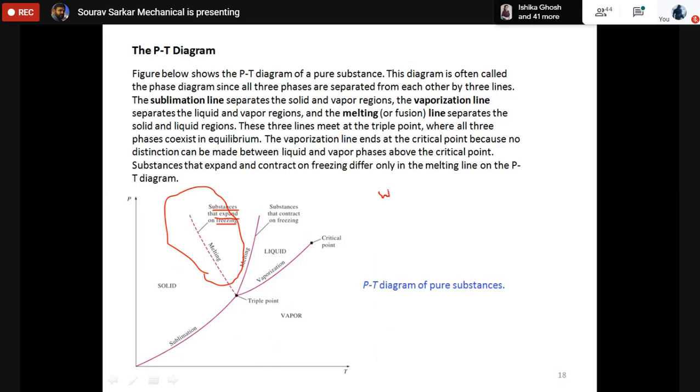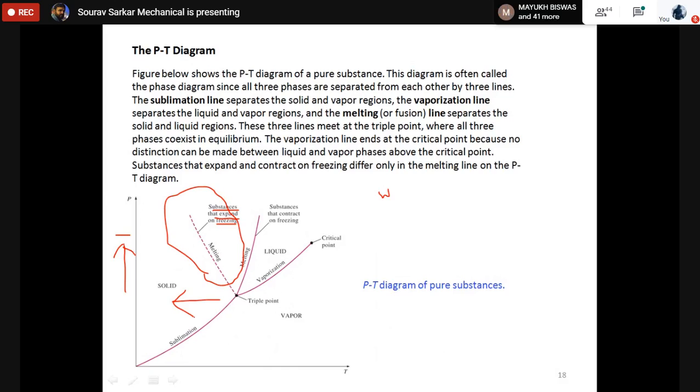In that case, if we increase pressure, what happens to the melting point? It decreases. If we increase the pressure, the melting point decreases.